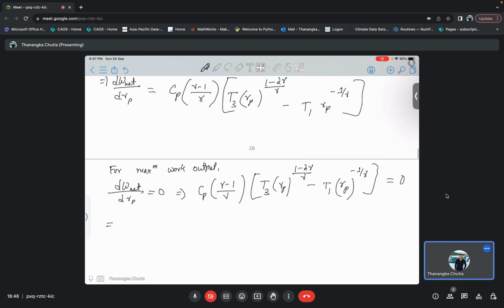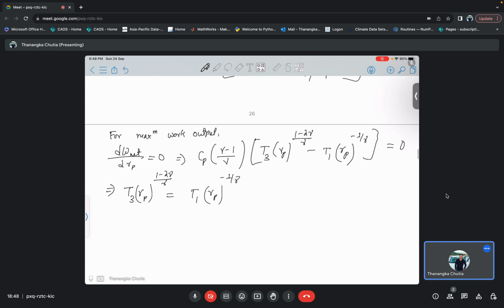So these two terms will go. That means basically T3 into rp to the power 1 minus 2 gamma divided by gamma is equal to T1 into rp to the power minus 1 by gamma.